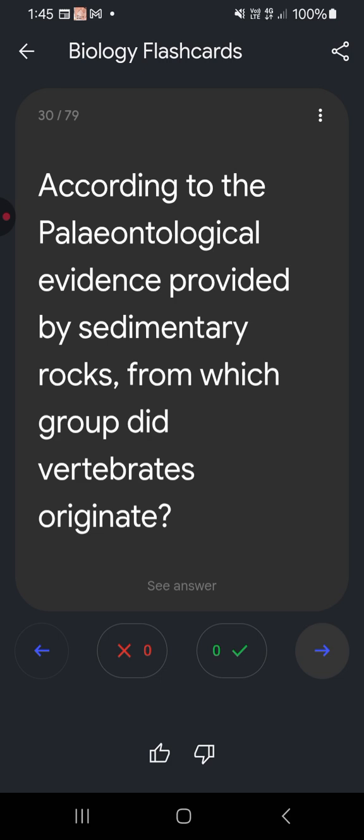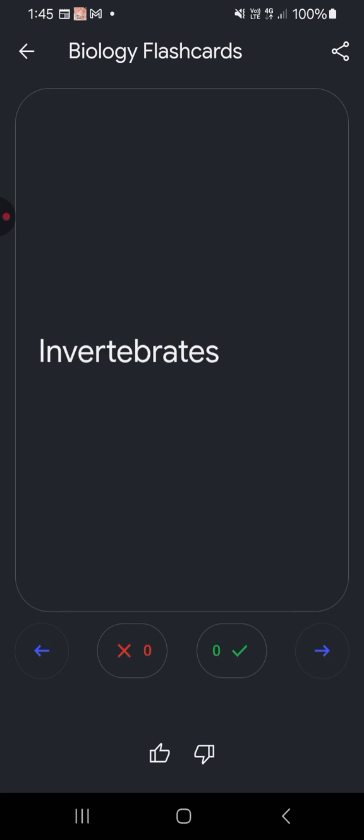Vertebrates are those organisms which have a vertebral column. We know that organisms with a vertebral column came from organisms that did not have a vertebral column. They are called invertebrates.